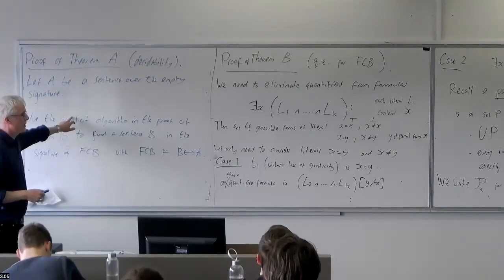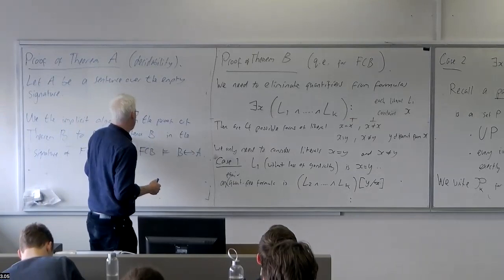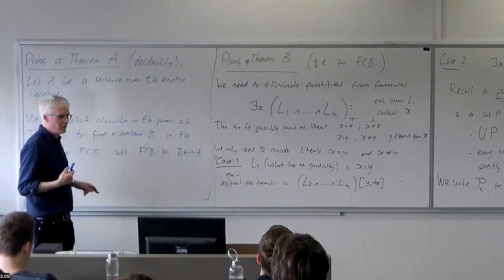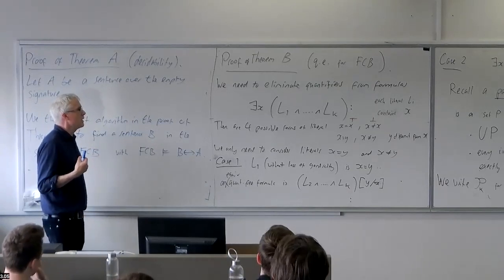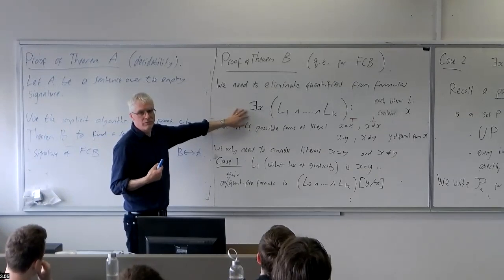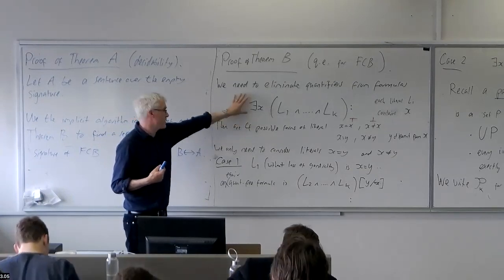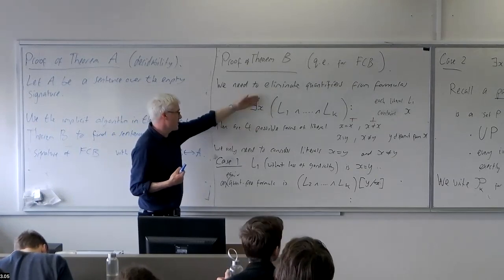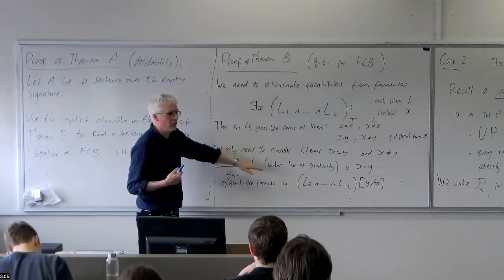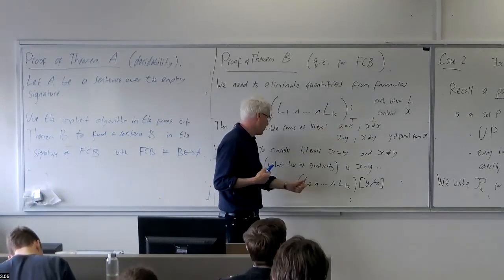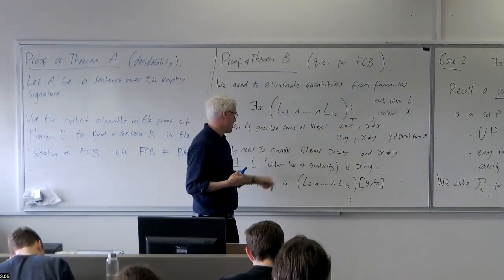And we can do that because, as I said, quantifier elimination is an algorithmic process, albeit a very inefficient one, as long as we have an explicit algorithm for eliminating quantifiers from formulas of the form star. In this proof of theorem B, we started off with the formula of the form star, and there was nothing non-algorithmic in it. We got rid of equalities and non-equalities between the same variable.